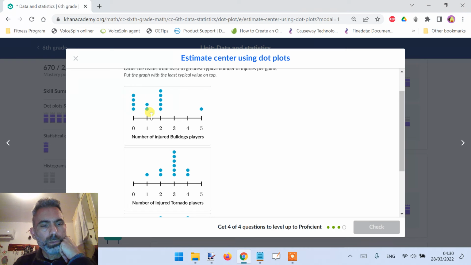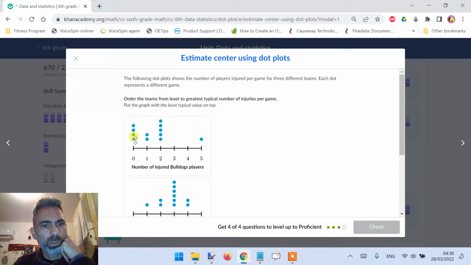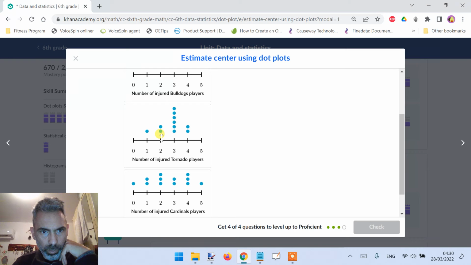So the bulk of the games are concentrated from 0 players injured to 1 or 2 injuries. Okay, in this team, it's much more heavily concentrated on the 3. We can assume that the median is 3 because if we cancel the 2 and the 4 and the 1, it looks like the median is 3.